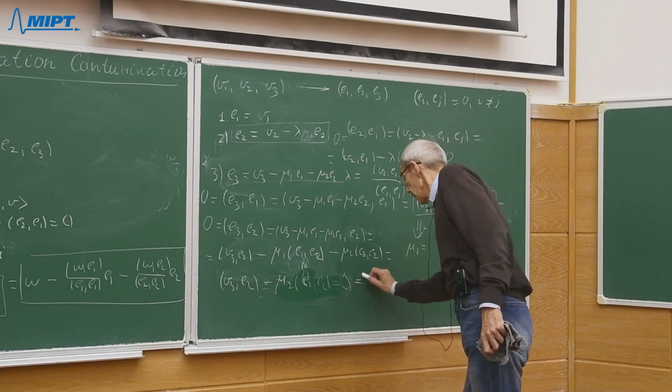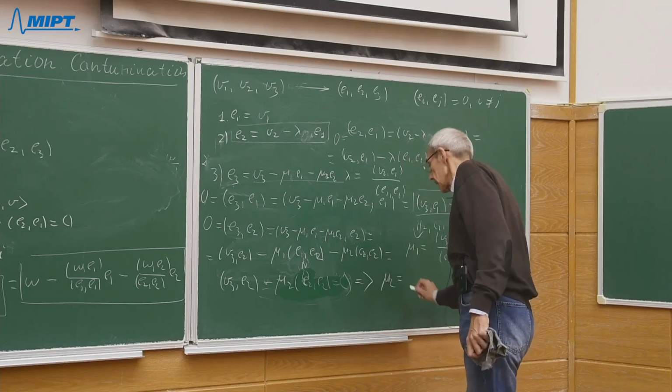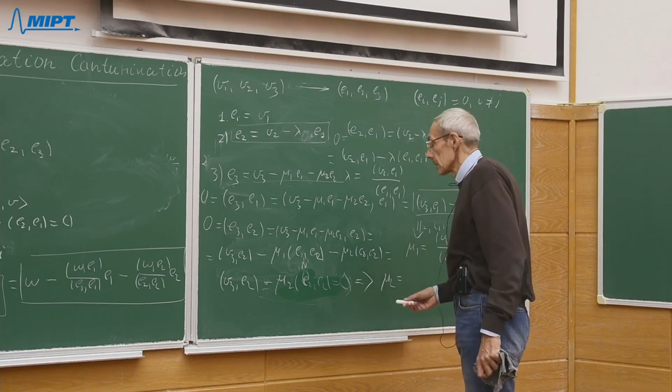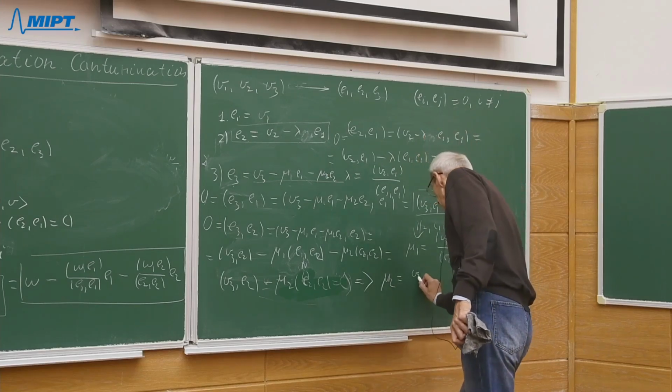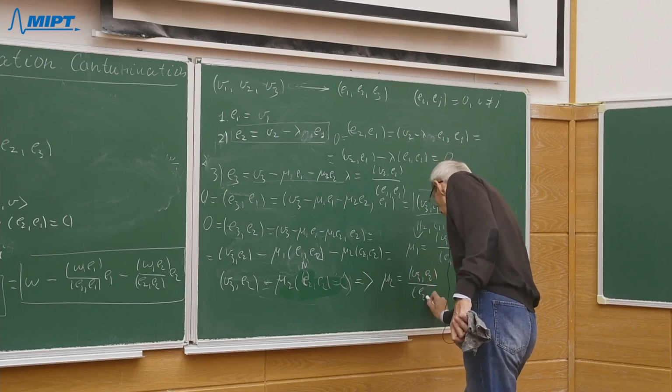And from this equality, we obtain the expression for the other coefficient mu2. This coefficient is equal to the ratio (V3, E2) over (E2, E2).